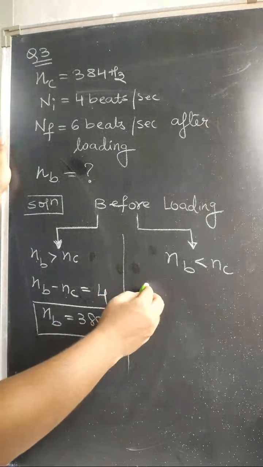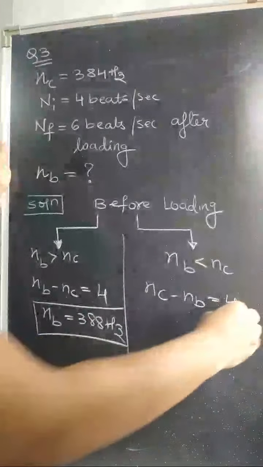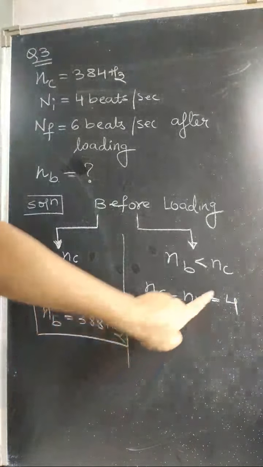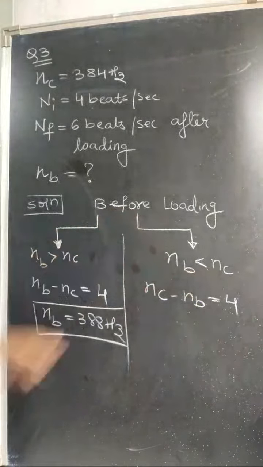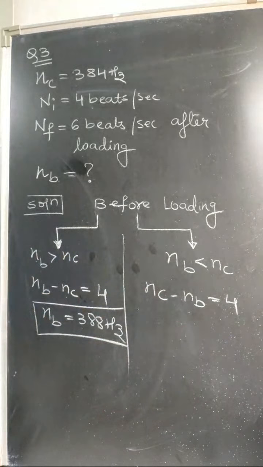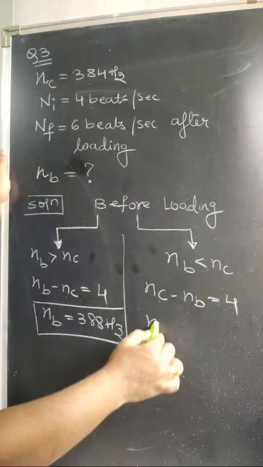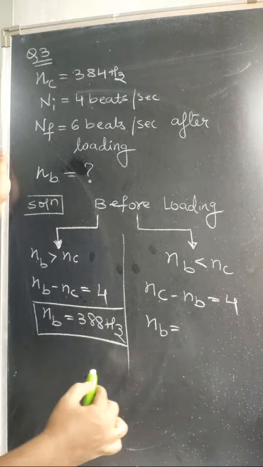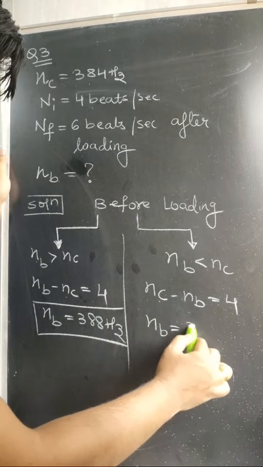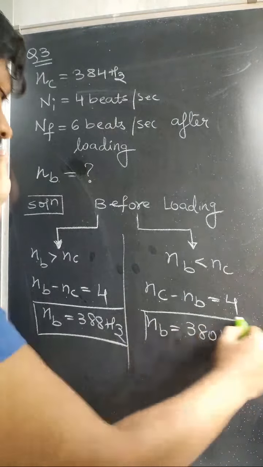And here NC minus NB will be 4. Students, as you see, NC is greater in this condition. So NC minus NB is equal to 4. So NC is 384. So NB will become equal to 380 Hertz.